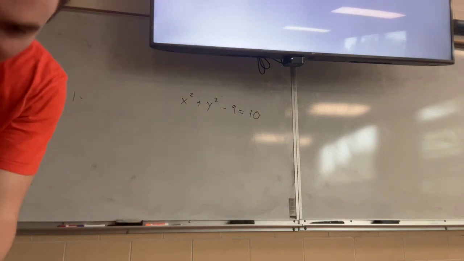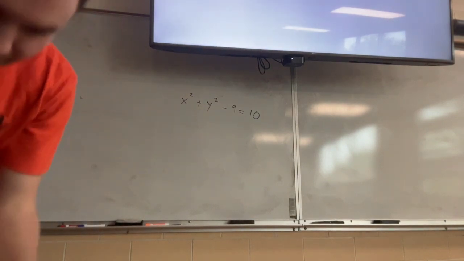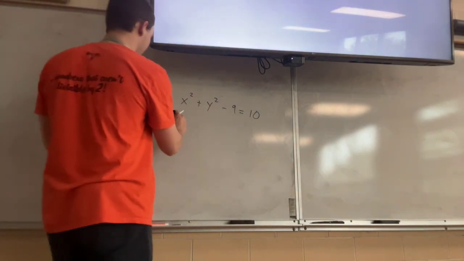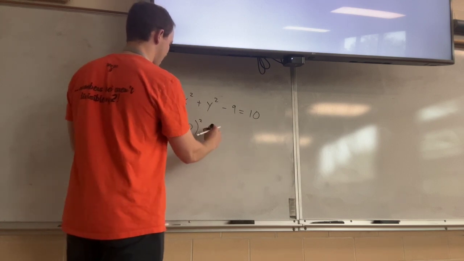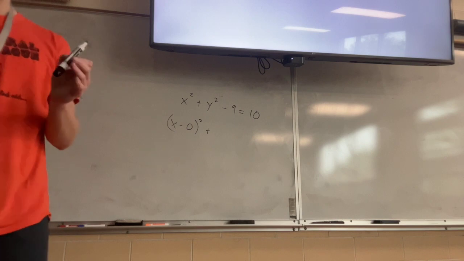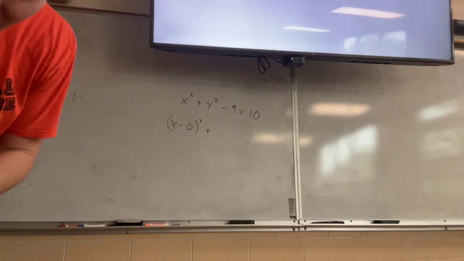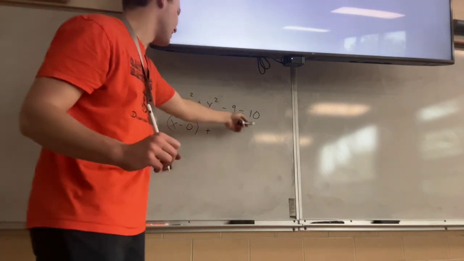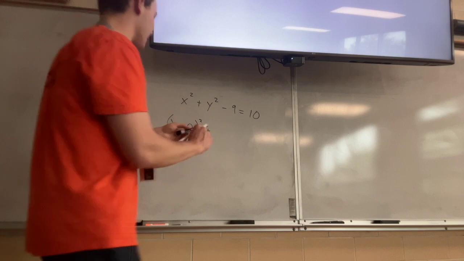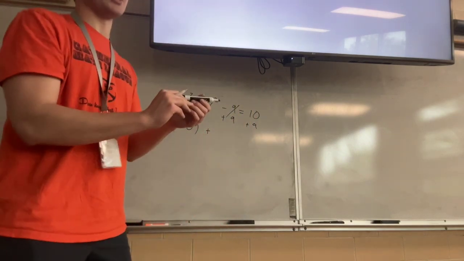So I'm going to rewrite that as x minus 0 squared. Do I have a y term or just a y squared? So I'm going to do plus y minus 0 squared. And then just add the 9 to the other side. Plus 9. So it's gonna have to be, no, 19. It's gonna have to be 19.